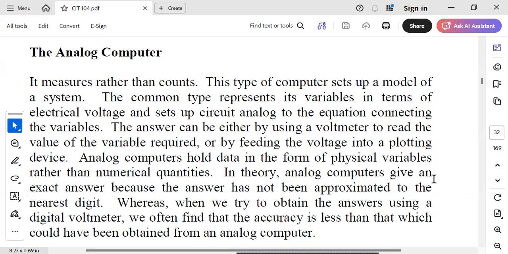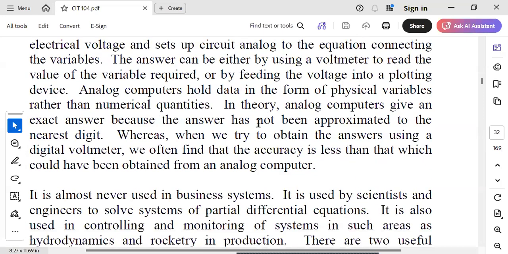In theory, analog computers give an exact answer because the answer has not been approximated to the nearest digit. Whereas when we obtain the answers using a digital voltmeter, we often find that the accuracy is less than that which could have been obtained from an analog computer.